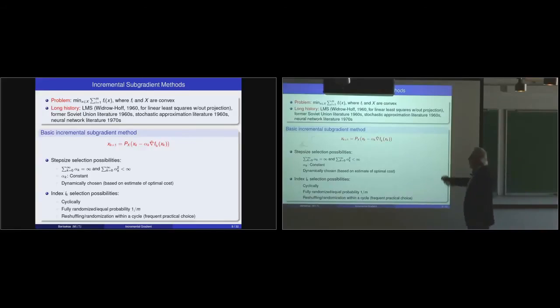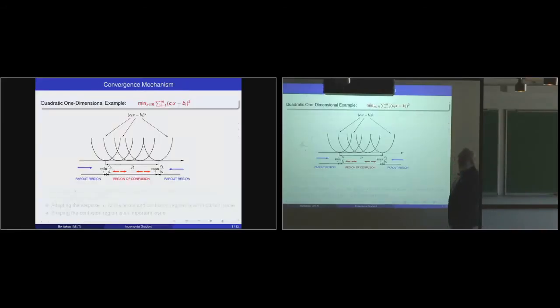Okay, so that's the basic incremental subgradient method. And why should this method work? It looks like quite an unusual and crazy method, because you're not using the correct gradient. You're using some sample of a gradient that has a lot of error. So why should it work? And why should it work well?